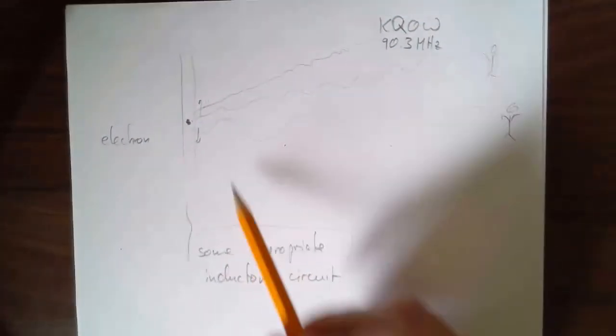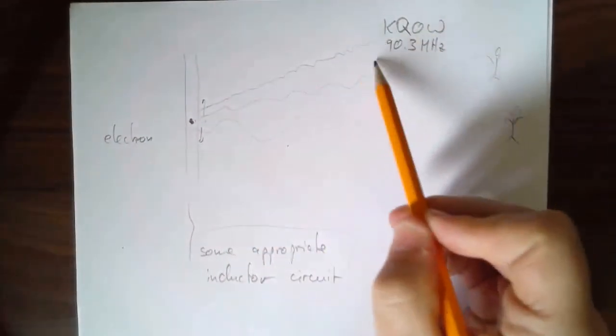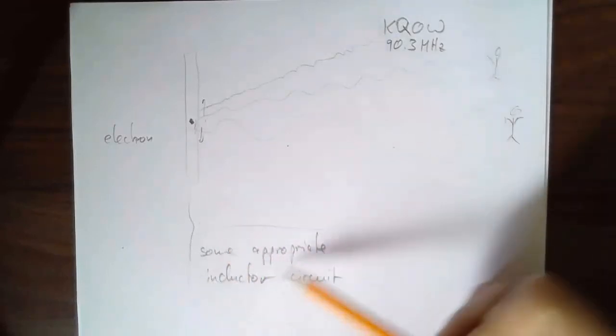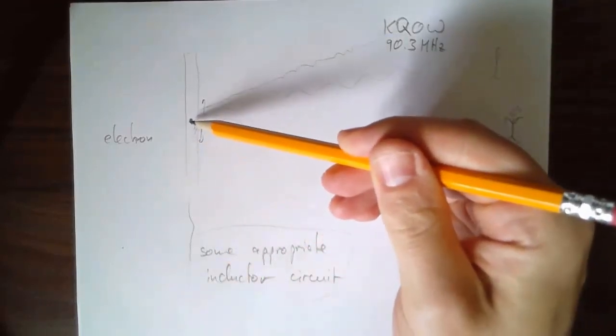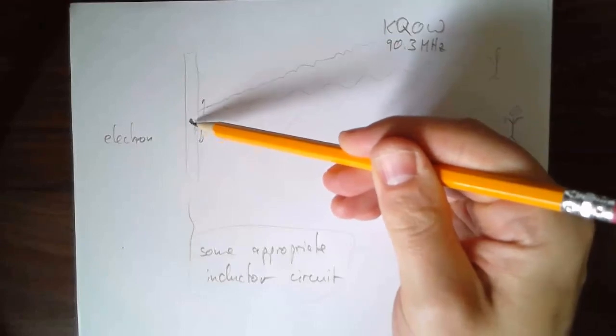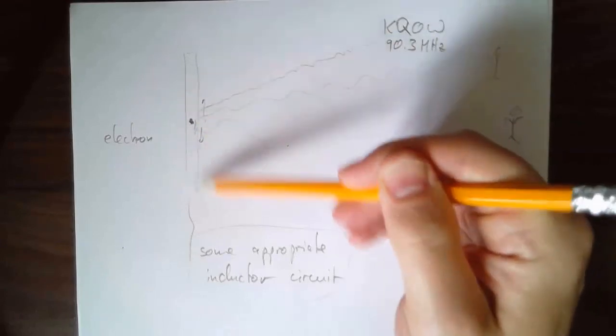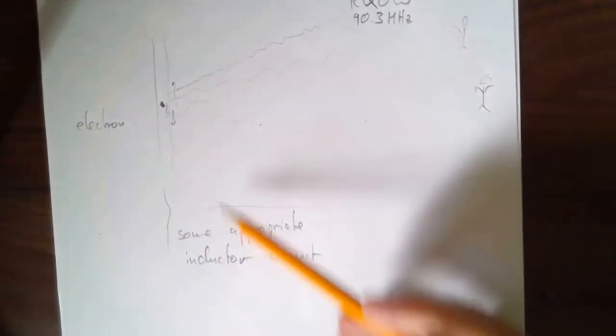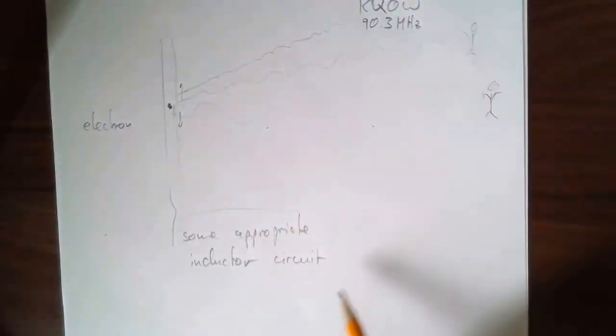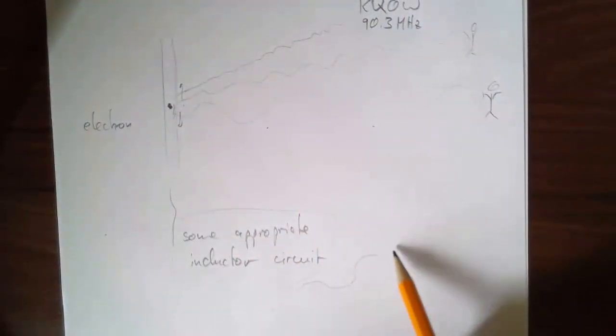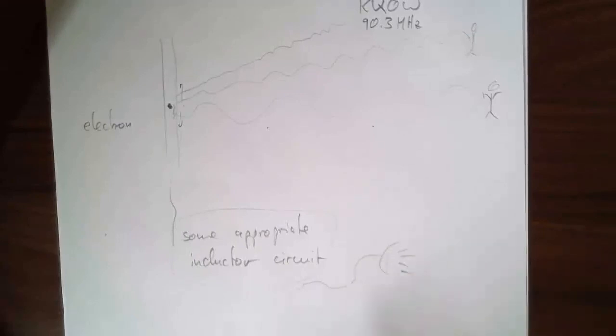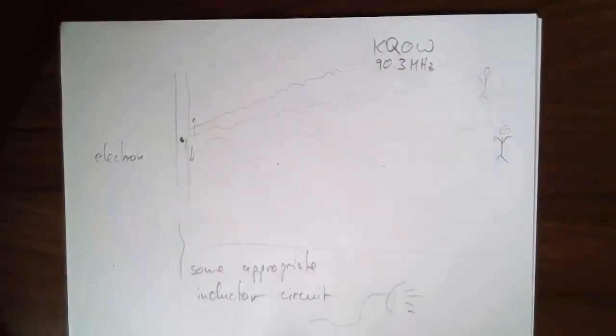So maybe you just set it right so that that driving frequency is what your figurative mass on a spring, but literally electron in an antenna, responds to, and that's the one that creates big oscillations. Maybe you hook those oscillations up to some sort of speaker, and you can listen to what they're saying.